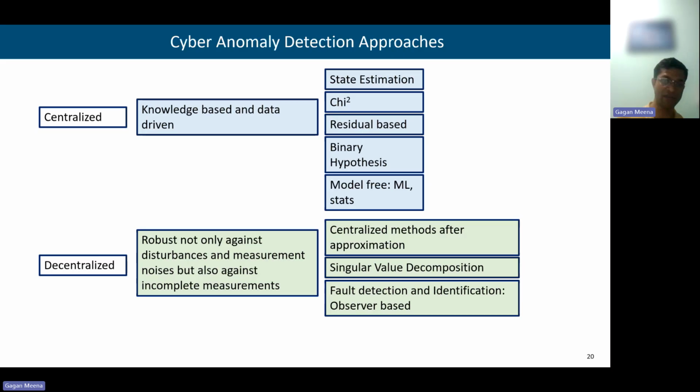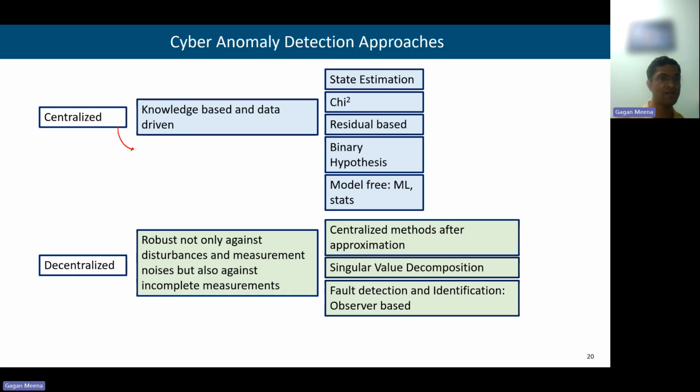This is very important. Here we need complete information about each and every device, and once the link to a particular device is lost, we will not be able to know the state of that particular node. However, decentralized is much more robust.